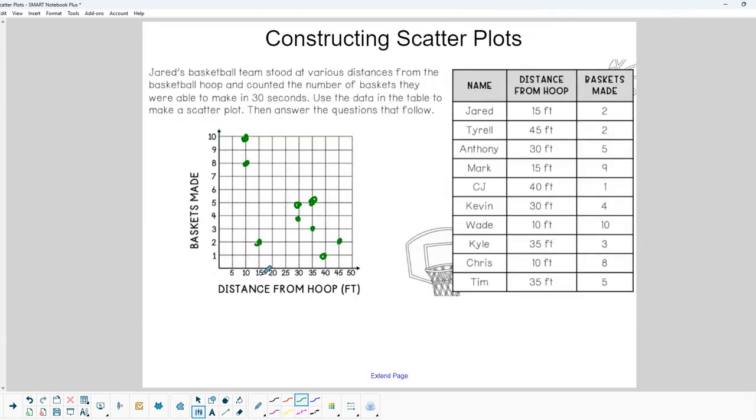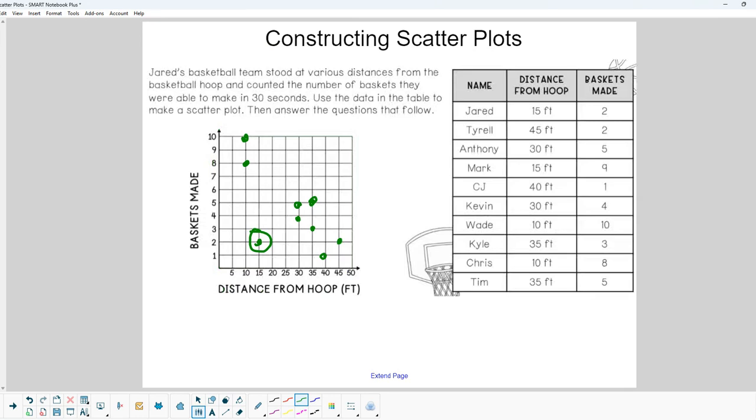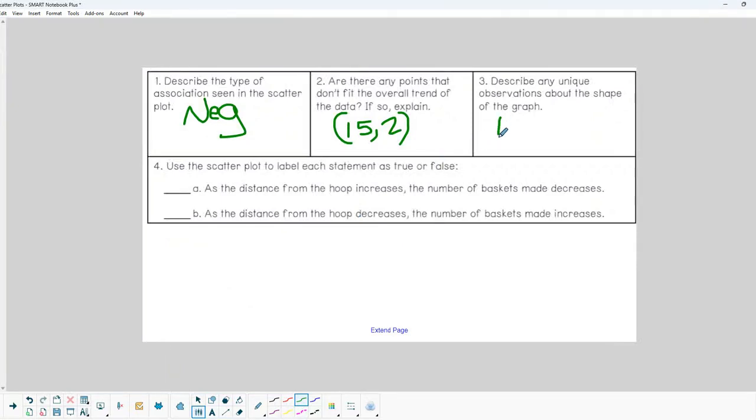The one at 15 and 2, that's kind of an oddball right there. So let's go ahead and list that: over 15 and up 2, that happened to be out of place. Describe any unique observations about the shape of the graph. Well, other than that oddball one, it has a tendency to be linear, okay? So linear in general.